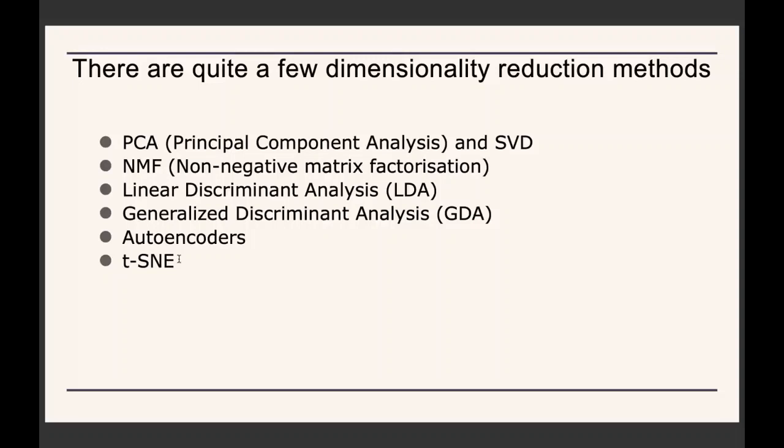And again, these dimensionality reduction methods are not limited to structured data. It can be used for unstructured data too, right? And we do have deep learning based dimensionality reduction algorithms too.